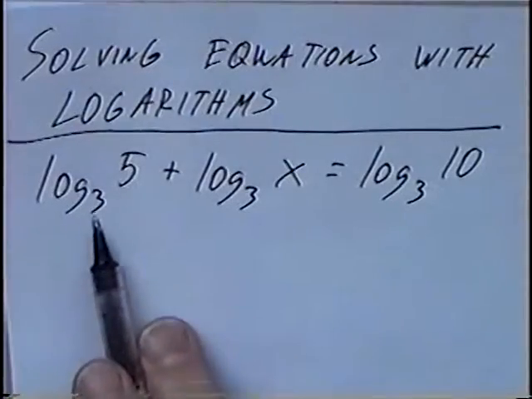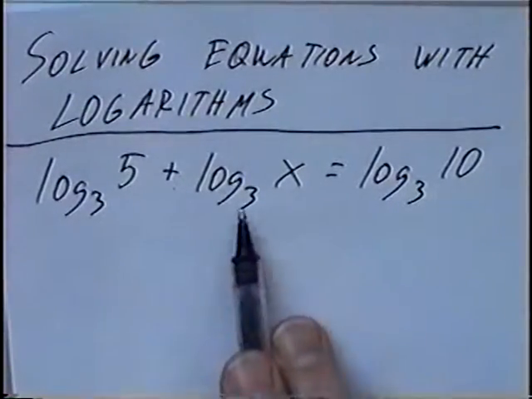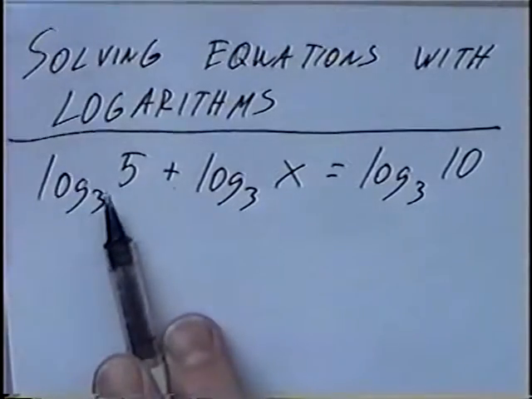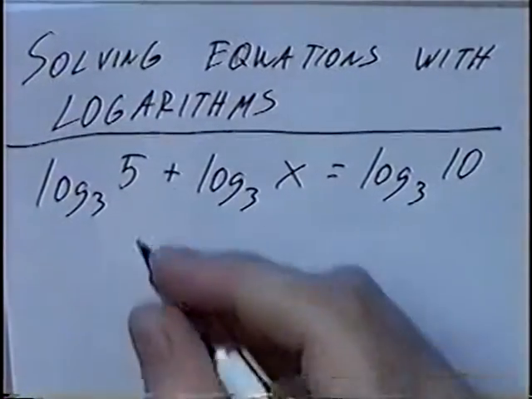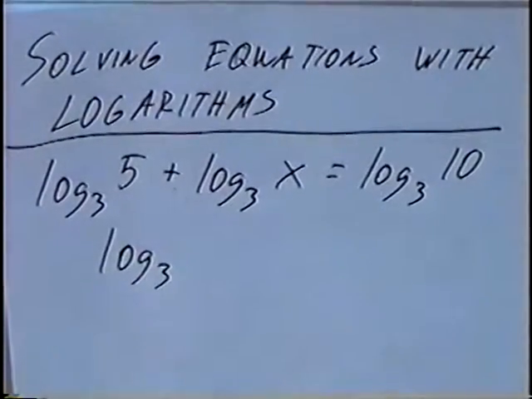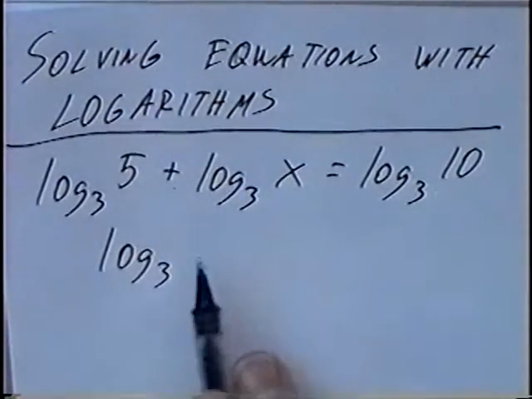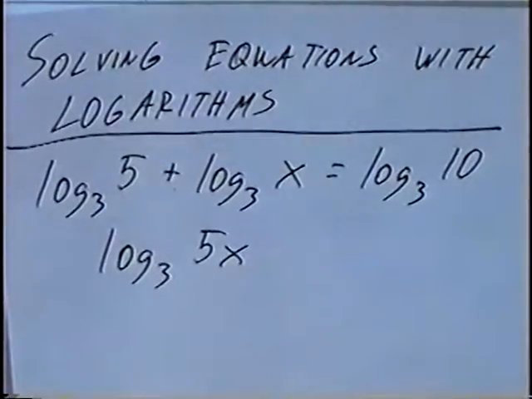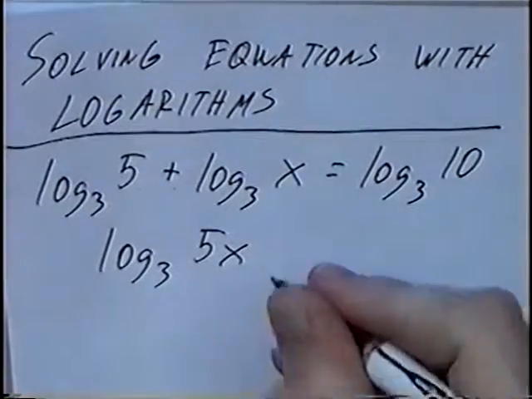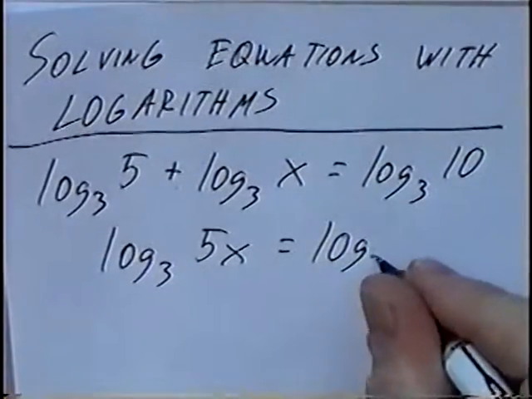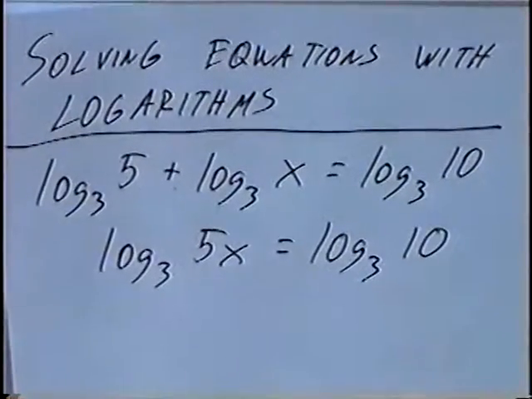If we have log 5 base 3 plus log x base 3, using the addition property, instead of adding two logs, we can combine these together to make one log, which will have the same base 3, but instead of 5 plus x, we'll change the addition to multiplication, so it'll be 5 times x, or 5x. Equals a single log on the right hand side, log 10 base 3.